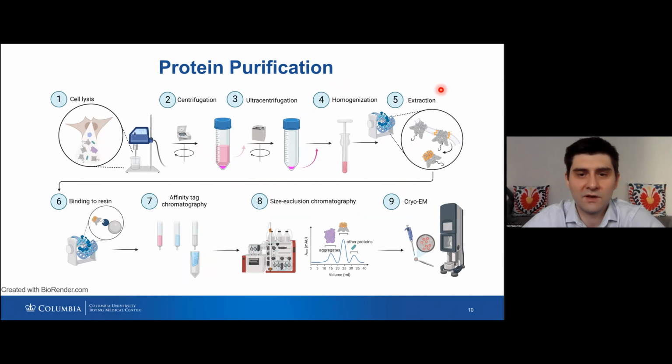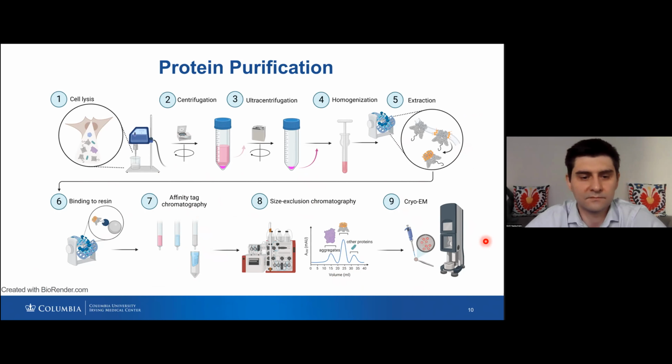In this case, we use GDN, but I will talk about this a little bit later. We add resin, and after that it is followed by two-step purification. First by affinity tag chromatography, and after that, size exclusion chromatography to purify from aggregates and other proteins. And after that, we have pure protein that we apply to grids and do Cryo-EM.